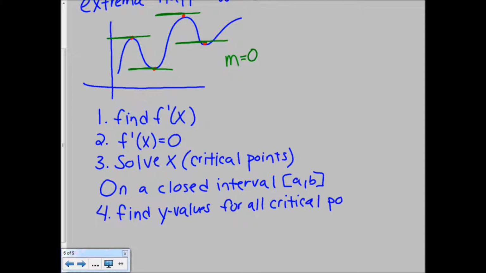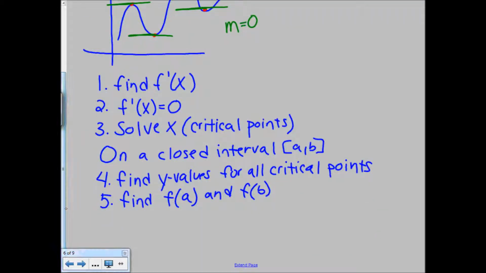And then we also need to find the y values for the endpoints of your function. So we're going to find f of a and f of b. And then all you're going to do is compare all of those y values to find the minimum and the maximum. Because the largest y value will be your absolute maximum on the interval, and your lowest y value will be your absolute minimum. So that's your basic process.